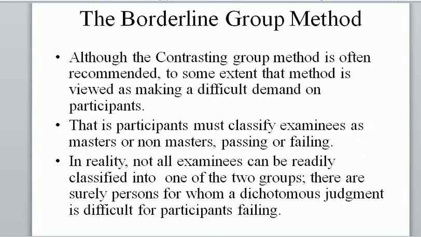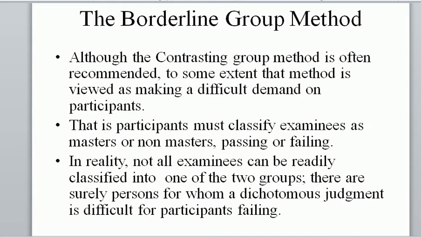But in reality, not all examinees can be readily classified into one of the two groups. So there are surely persons for whom a dichotomous judgment, meaning a judgment having two categories, is difficult for participants, to be considered failing or passing.